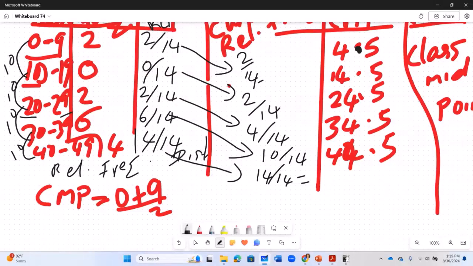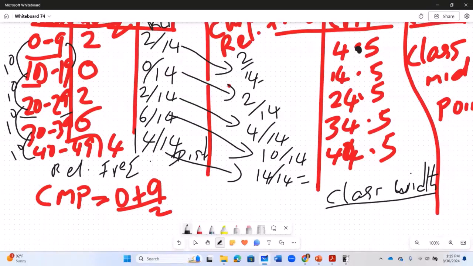Therefore, this 10 is called the class weight. The class weight is the difference between consecutive lower limits.